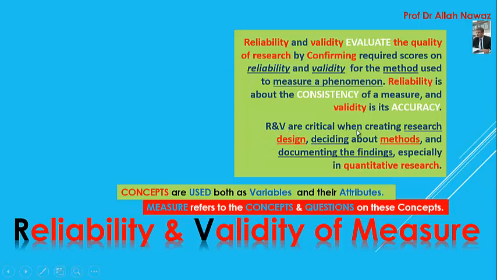Reliability and validity are critical when creating a research design. It means that students or research scholars should be clear that they have to talk about reliability and validity, and they have to provide some evidence about the reliability and validity of their own research at the time when they are preparing the research design, when they are deciding about the methods that will be used for data collection and analysis, and documenting the findings, especially in quantitative research.